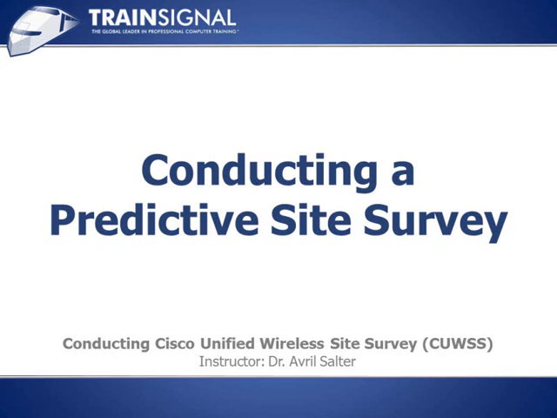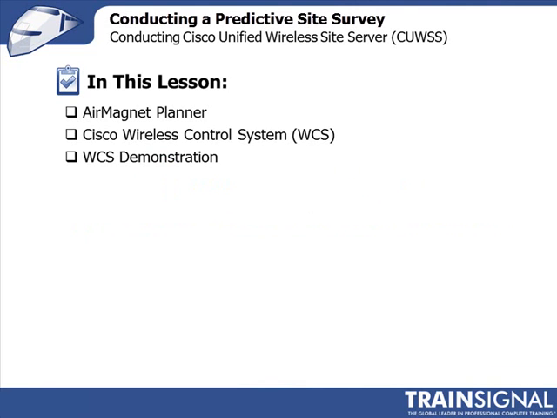In this lesson, we're going to look at using tools to do predictive site surveys. And I want to start with a bit of a discussion about the Air Magnet Planner tool. There are several tools that you can use, and this is one of the key ones that a lot of people at Cisco will use.